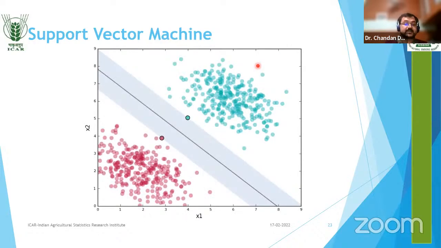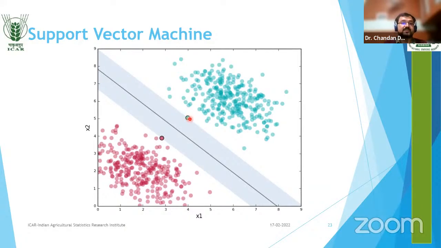So this black line is the classifier, and we are trying to maximize this road, and the objects residing on the edge of this road are called the support vectors.